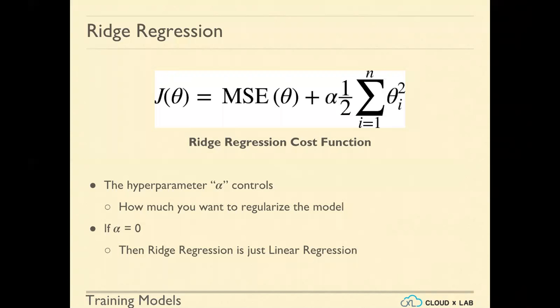Therefore, instead of decreasing the number of parameters or features, we are forcing each of the weights to be as small as possible.